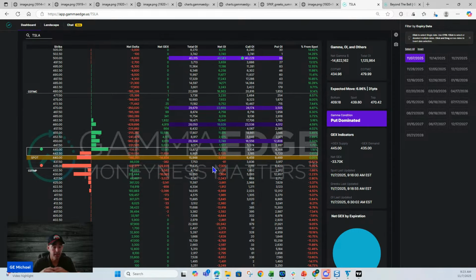So if the SPX is just oscillating around a few strikes, then there's really no hedging that has to occur. When we start moving these larger strikes out of the money or in the money, that's when some of the hedging has to occur. So market maker, dealer hedging. So hopefully that makes sense. That's why moneyness matters. That's our key phrase.